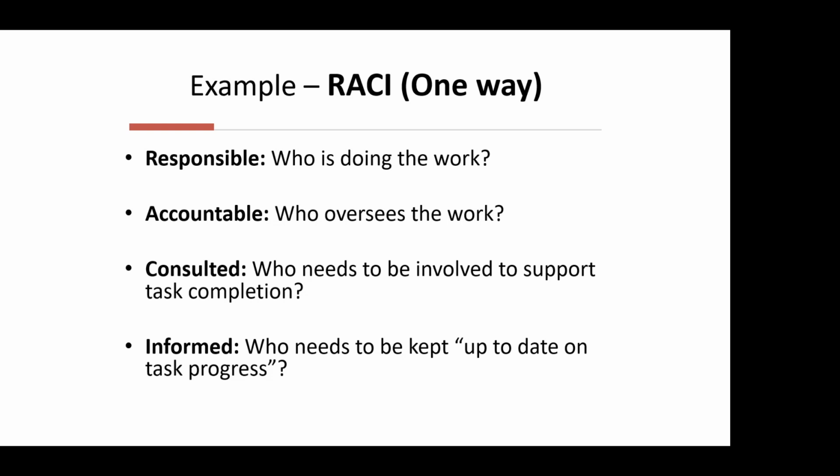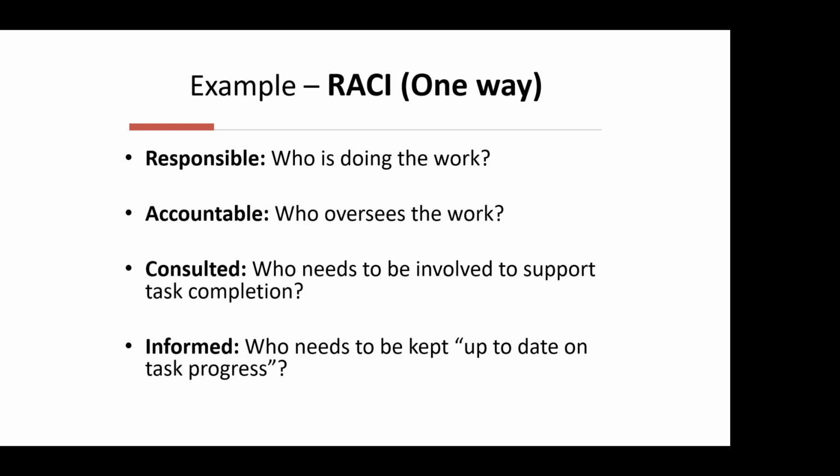So the consulted area can get pretty extensive, but it's really important. And as we've done in prior phases, you really need to know who within and outside of your organization is necessary for this task completion.